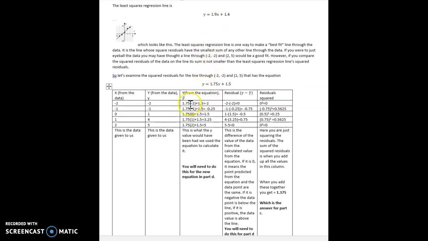Then you're going to take that y value away from the y value from the data, and that would be the residual. So you have to redo this column for part D, you have to redo this column for part D, and then you're going to add those together after you square them. So you will also have to redo this column for part D. Okay, hopefully that makes sense, and good luck.